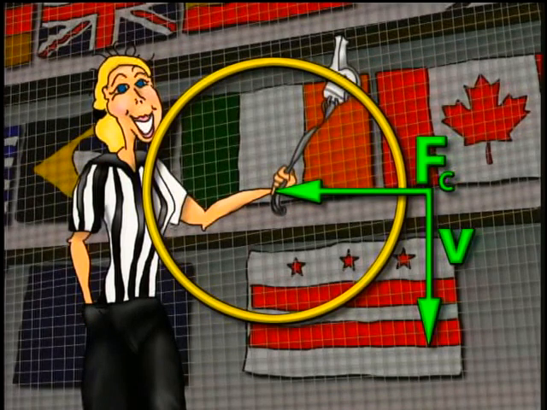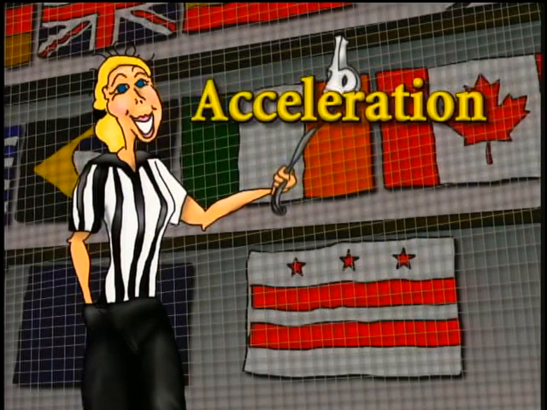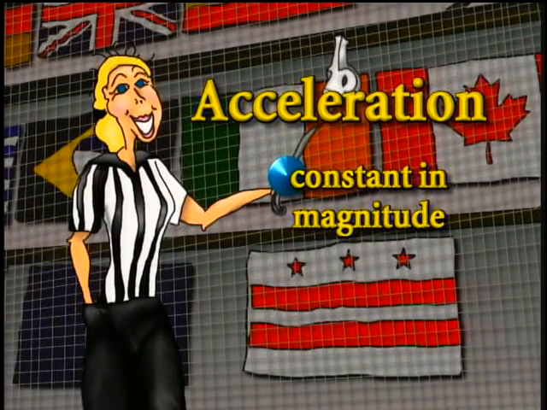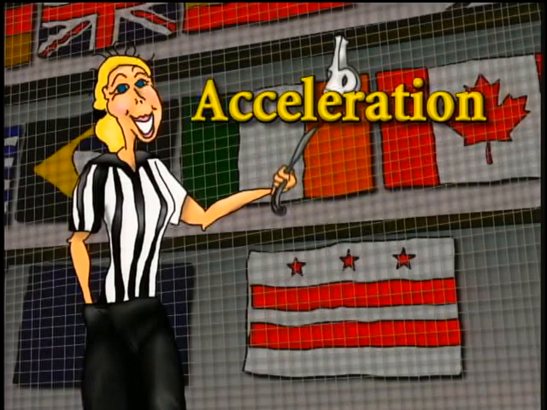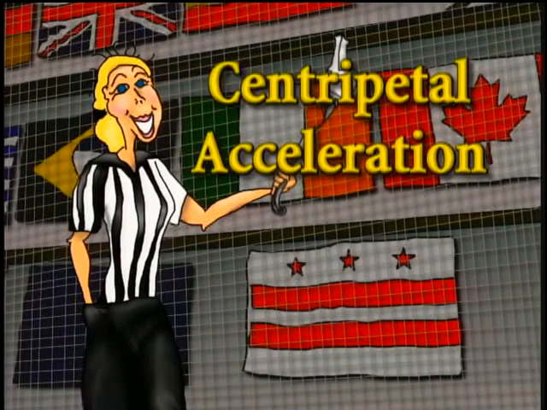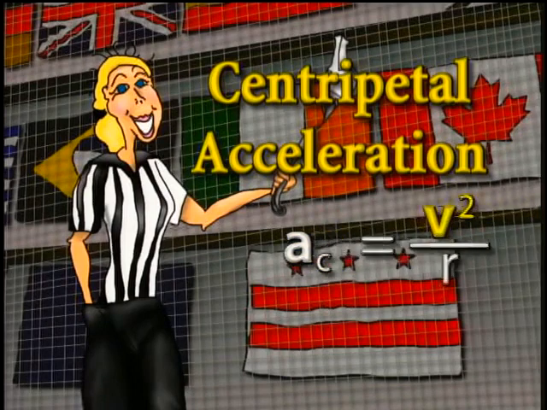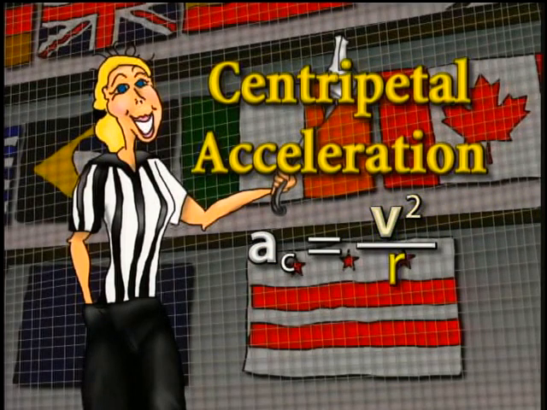Because it's changing direction at a constant rate, an object moving in uniform circular motion experiences an acceleration which is constant in magnitude, and which is also directed toward the center of the circle. This type of acceleration is called the centripetal acceleration, a sub c. You can find the centripetal acceleration by dividing the velocity squared by the radius. a sub c equals v squared over r.